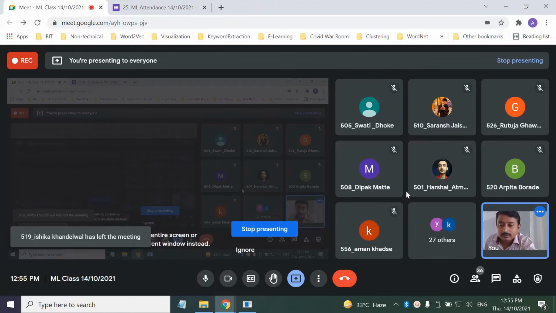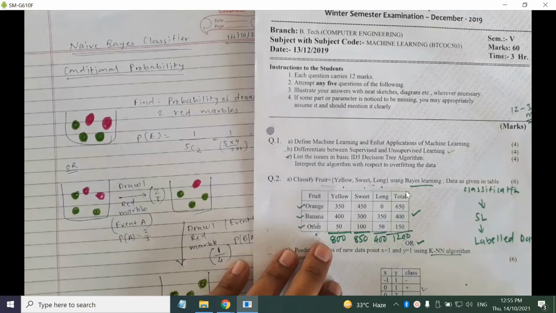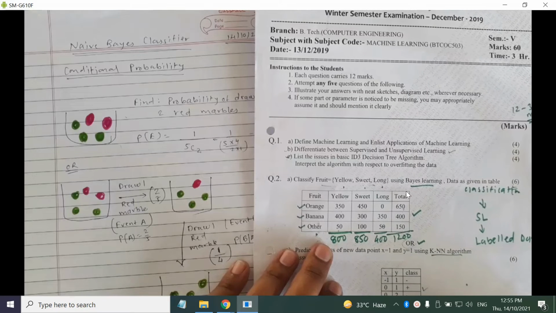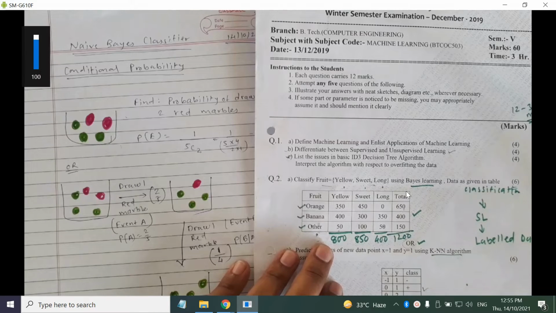स्वाति, what we have to do here in this problem? What should be the output? Are you getting my question?